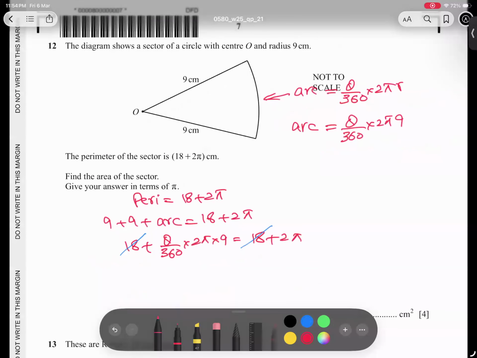And now student, what to do? We have to find theta ultimately. So what is left here? 2 pi is left here. And if you check carefully, we can cancel these numbers. How come? Because 2 nines are 18, and 18 is up and 2 pi is also up. Sorry, not 2.